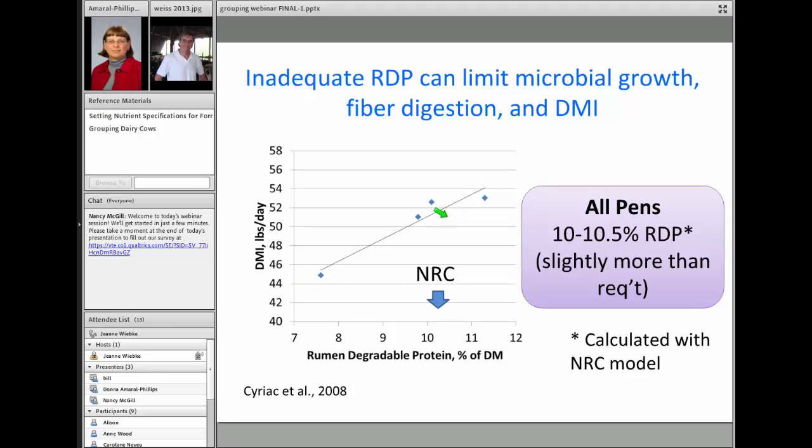This is dry matter intake, and they kept getting increased intake with higher and higher RDP. So there's reason to exceed NRC requirements, and I think generally all pens, regardless of distribution of milk yields, are going to be somewhere around 5% above requirement. And it doesn't matter if you have a wide diversity of milk productions or not.